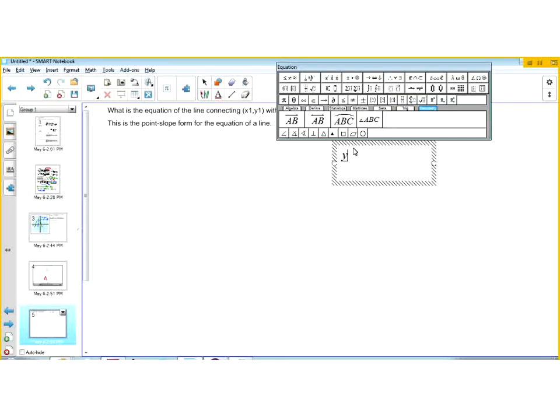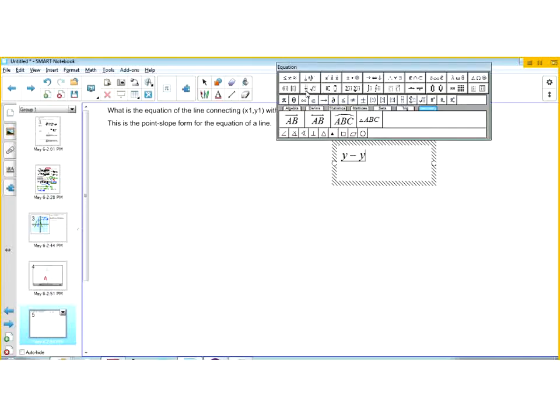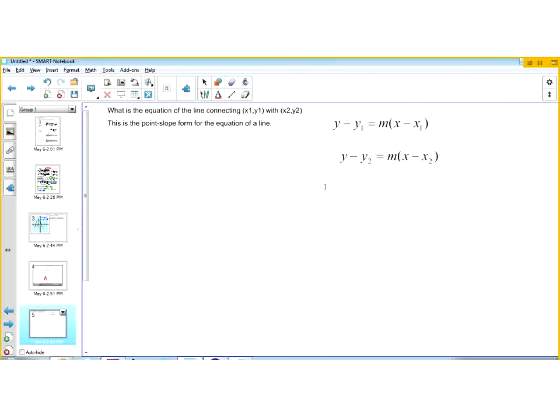I'll just go ahead and use the math equation editor again. I could have said y minus y sub 2 is equal to m times x minus x sub 2 as well. So both of these, depending on your choice, either of these would yield the same result. Okay, so there you have the point slope form.